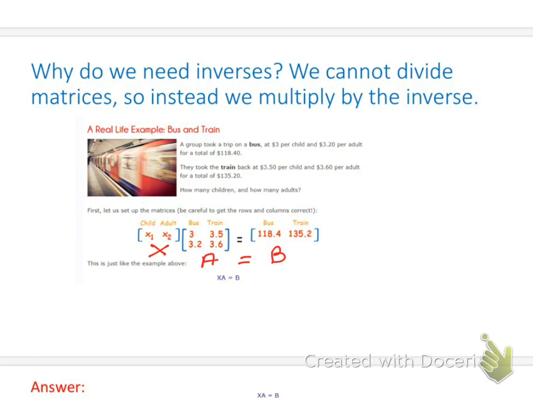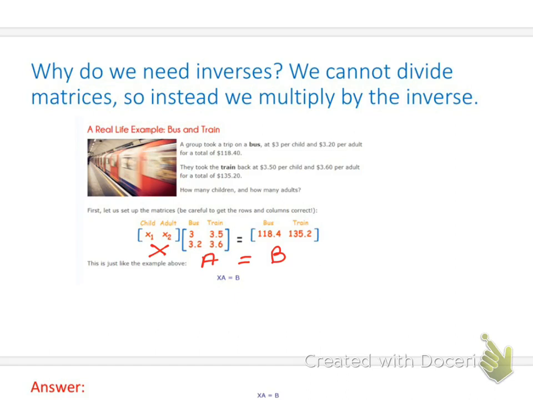If you take this matrix, which is a row matrix, multiply x1 times 3 and x2 times 3.2, you'll get 118.4. Then take that same row matrix and multiply it by the second column of the second matrix, and you'll get 135.2. But how do we figure out how to get x by itself?